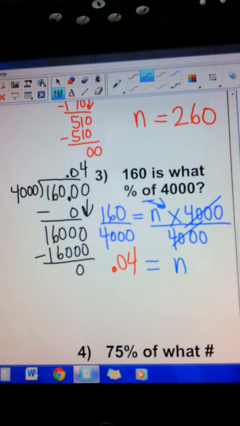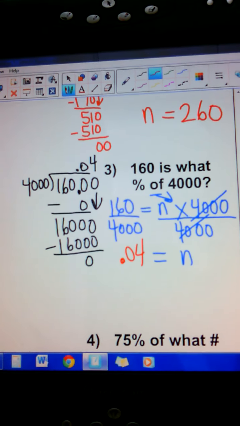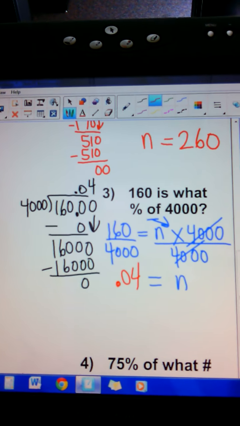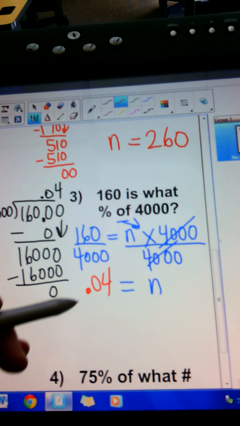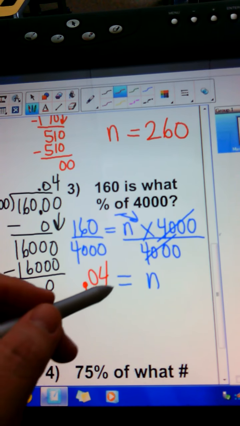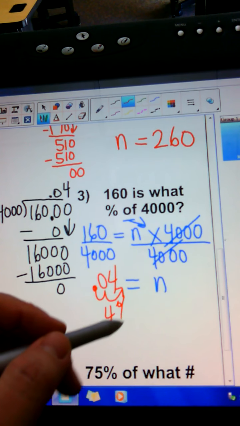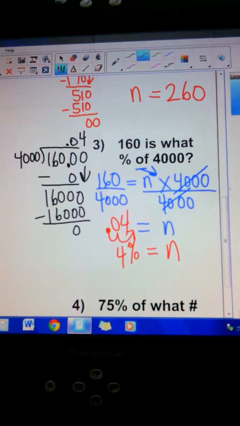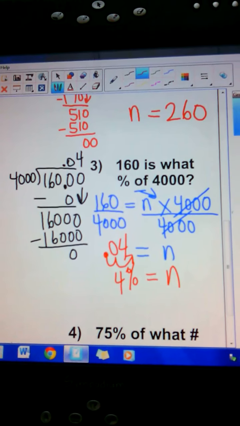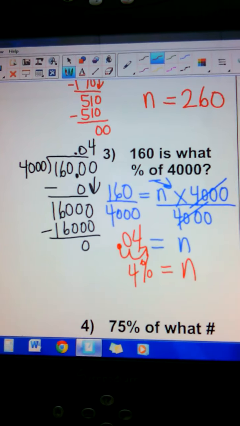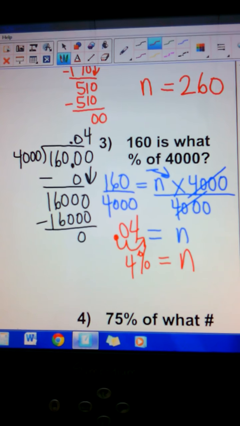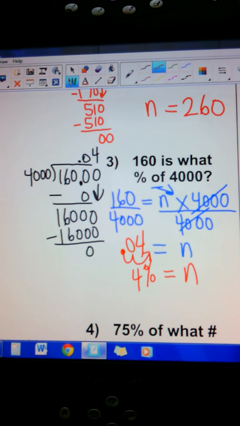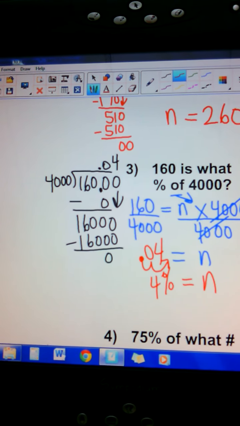All right, be careful though. We are looking for the percentage. So our last step is to move our decimal point 2 places to the right. So 4% is our final answer. You could accomplish the same thing at the end by multiplying 0.04 times 100.